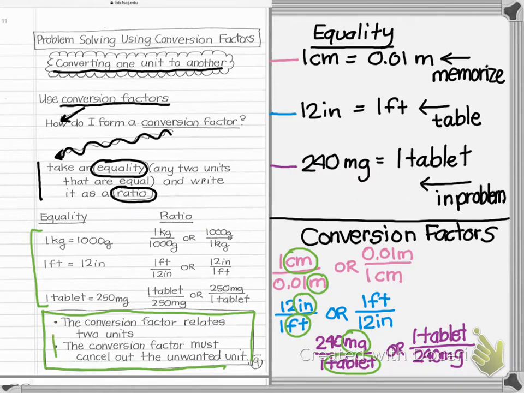Now here's how we're going to use it. This is the important part. The conversion factor must cancel out an unwanted unit. So that's what we're going to investigate. I'm going to have you do a problem where you can try to do conversion factors first, but after that, we're going to investigate this idea. So hold this idea in your head. The conversion factor must cancel out the unwanted unit.